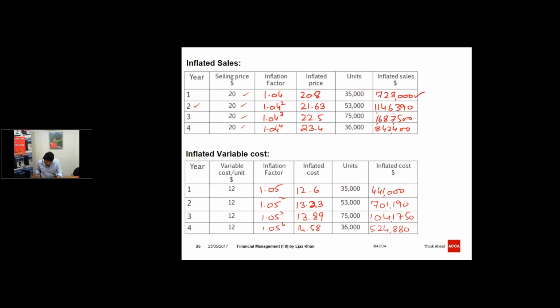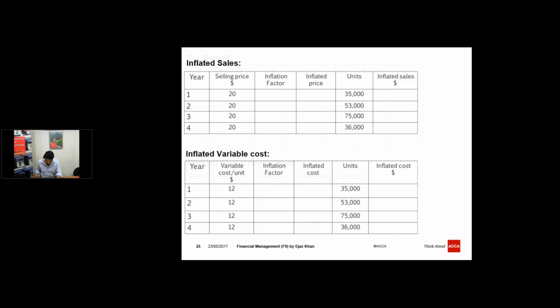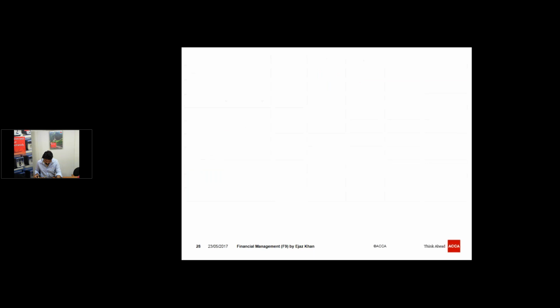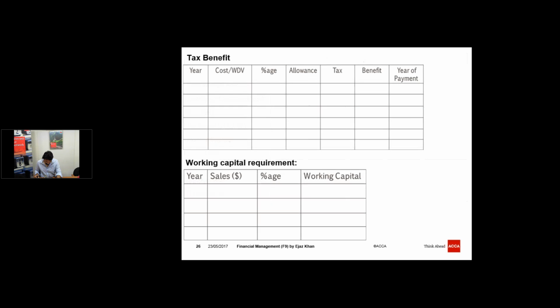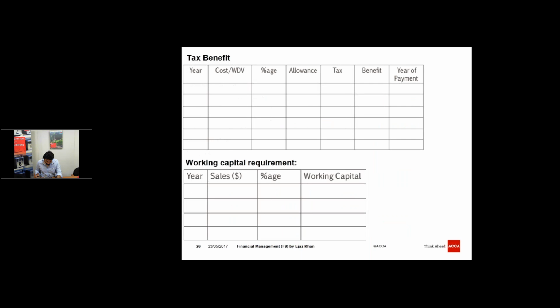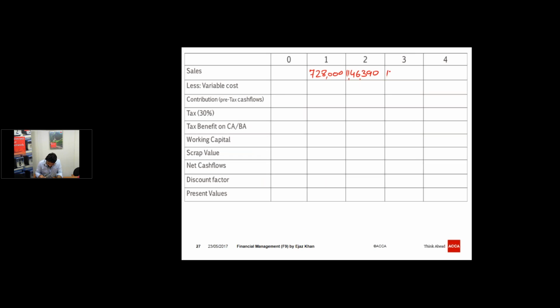For year two, it's 1146390. For year three, it's 1687500.